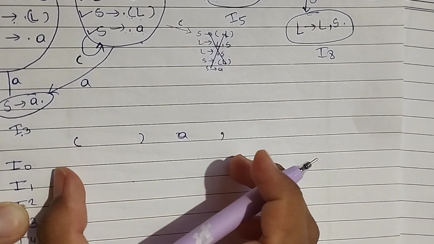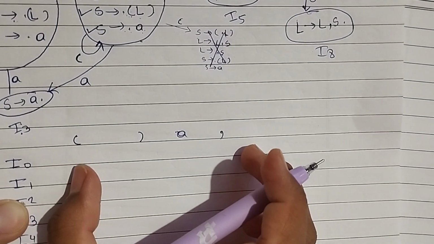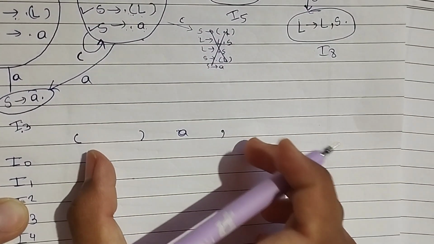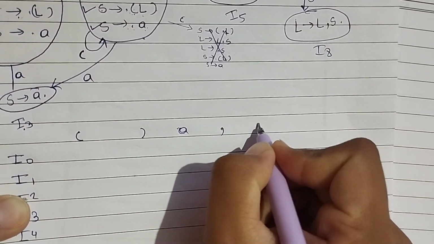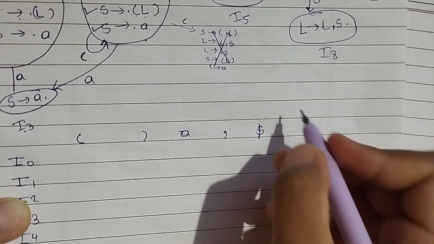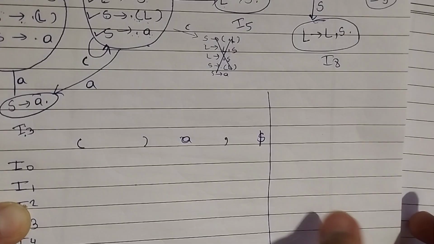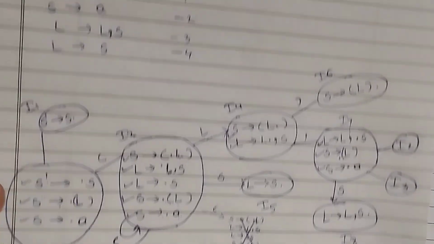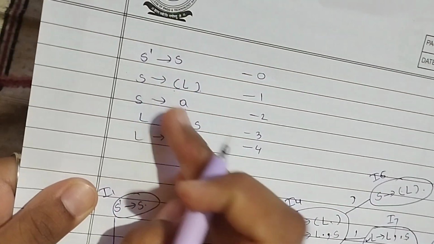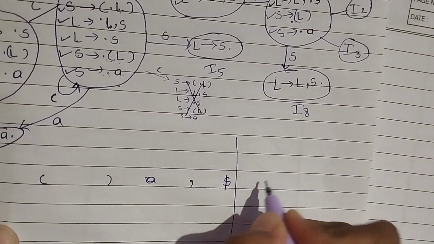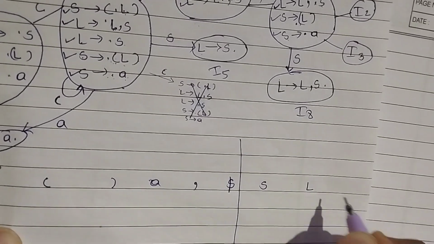Now the terminals are completed. As I mentioned in the previous video also, after completing the terminals we always write one dollar symbol. And after this dollar symbol we write all the non-terminals. The non-terminals present here are S and L. These two are the non-terminals.